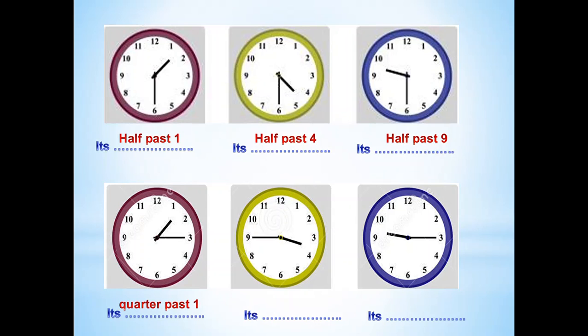But I told you 45 is tricky, so 3 in digital becomes 4 in analog. Quarter past or quarter to? Quarter to 4. But when I write it in digital, I write 3:45.